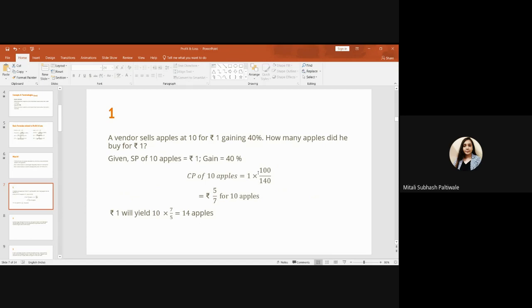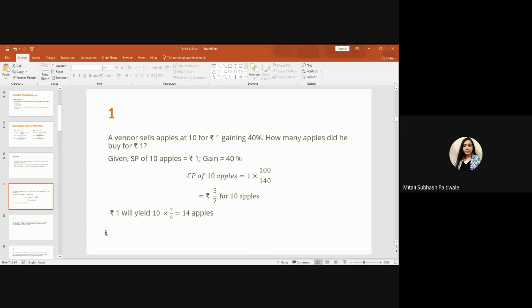Now this becomes rupees 5 by 7 for 10 apples. Now we have to find how many apples the vendor bought for rupees 1. So we inverted this cost price, and we got that the vendor bought 14 apples for rupees 1.